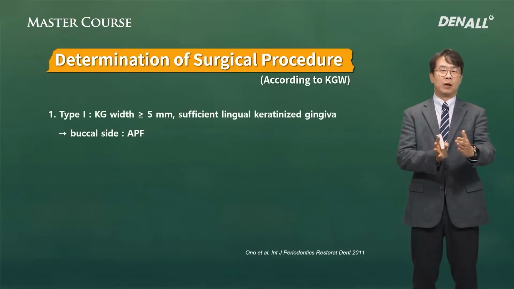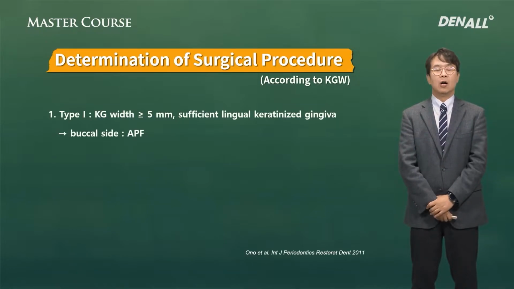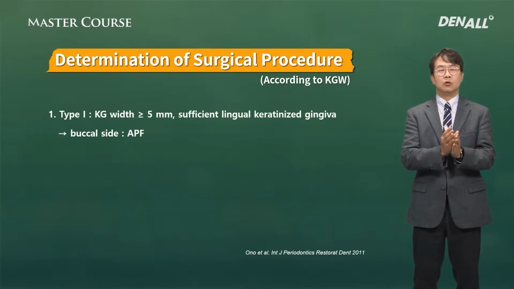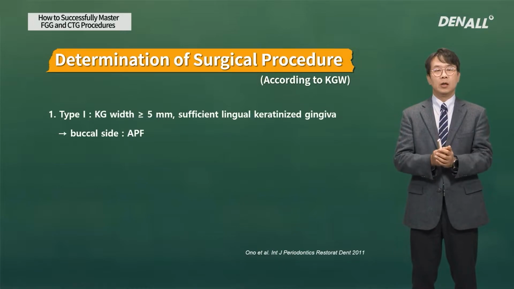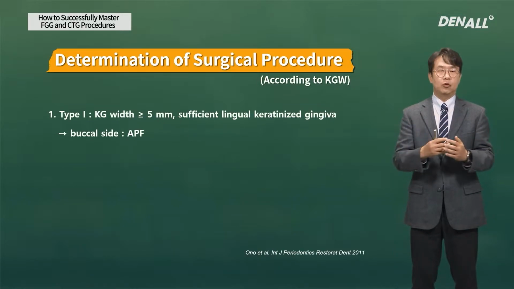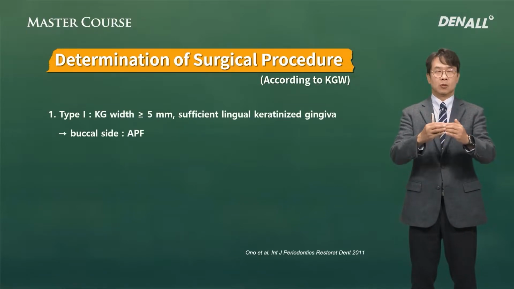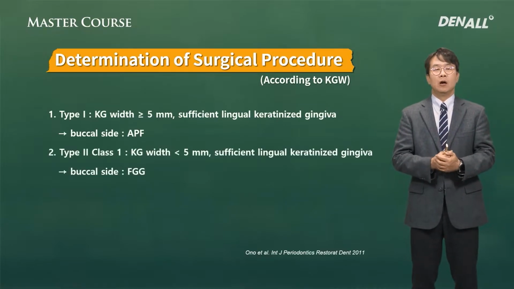The width of keratinized tissue is one of the criteria. Generally, if the keratinized tissue width is 5 millimeters or more, and sufficient lingual keratinized gingiva exists, keratinized tissue can be increased by APF on the buccal side.